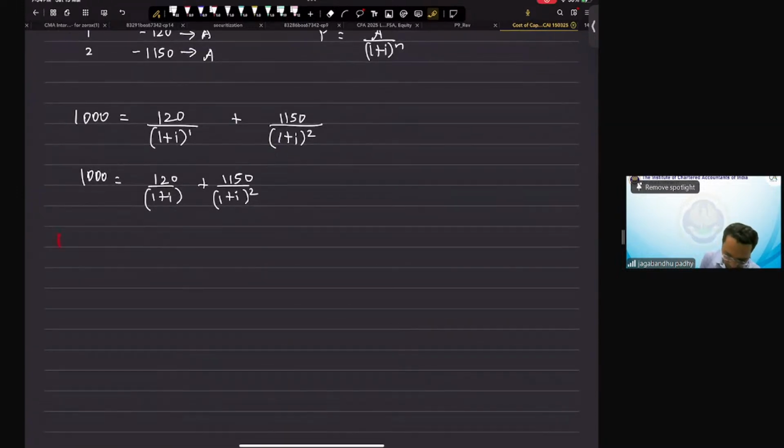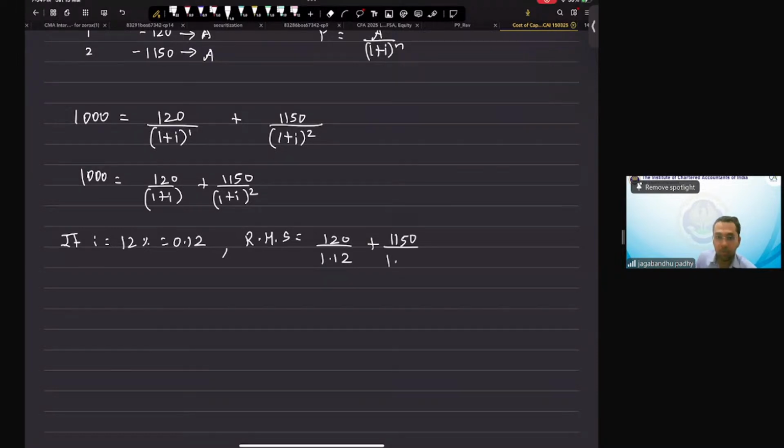See, if I is equal to, let's say, 12%, or I can say 0.12, can you tell me what will be the RHS value? RHS value will be 120 upon 1.12 plus 1150 upon 1.12 raised to 2.